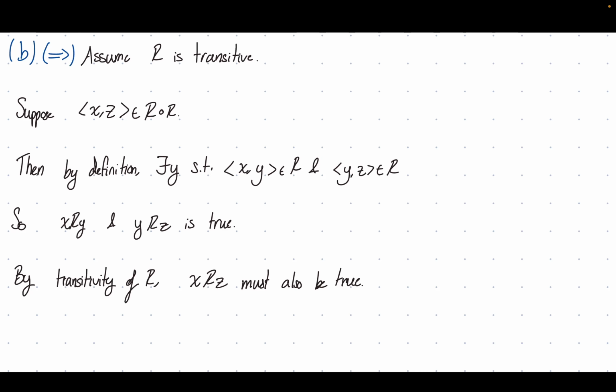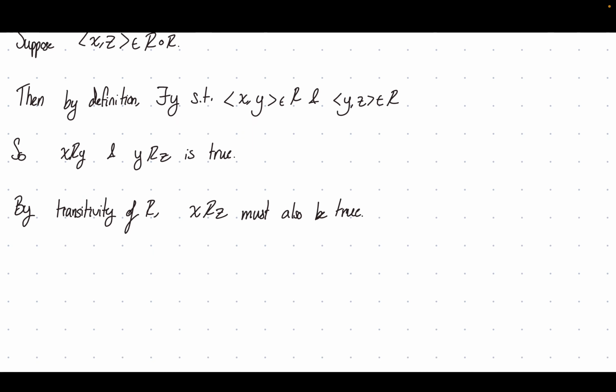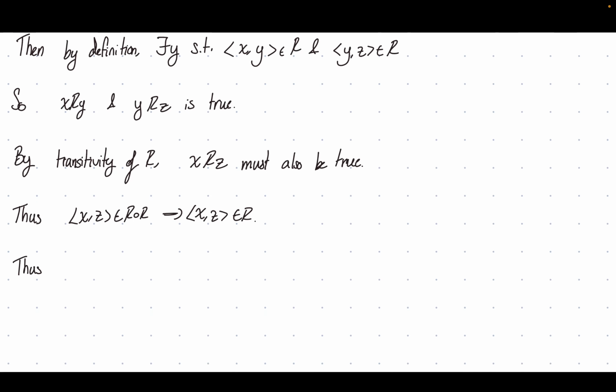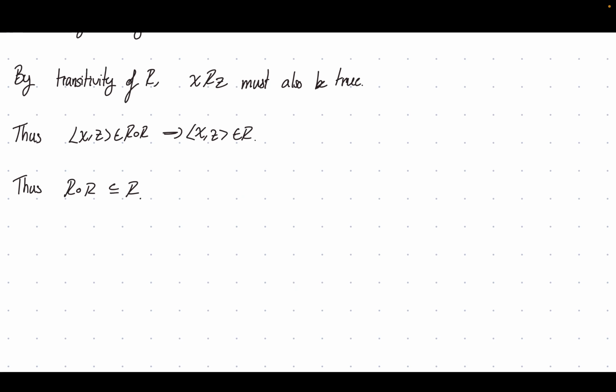Fantastic. And thus, X Z being in R composed R implies that X Z is in R, and thus R composed R is a subset of R, as expected.